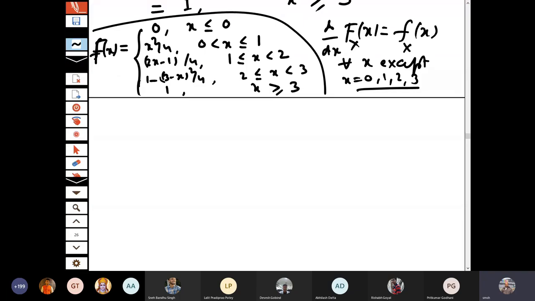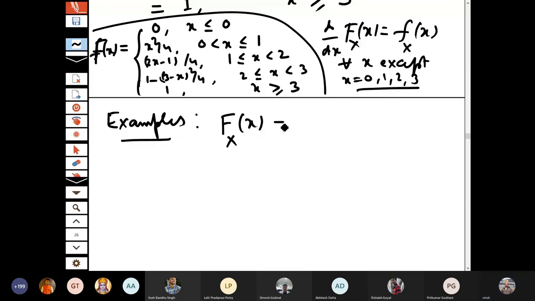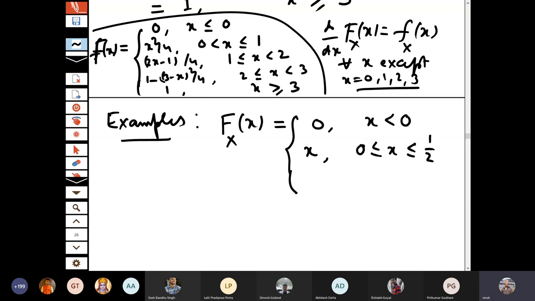So let me give some examples. Okay. This is a CDF of which random variable?